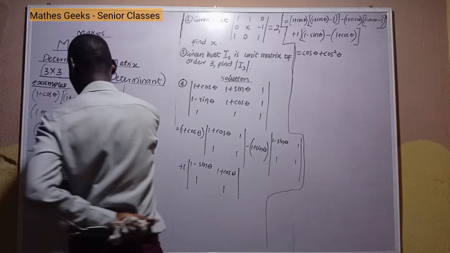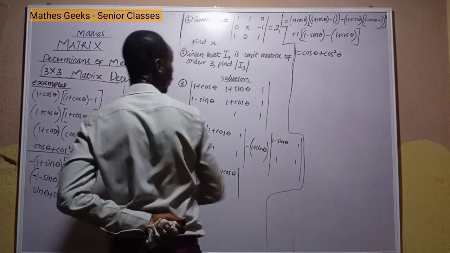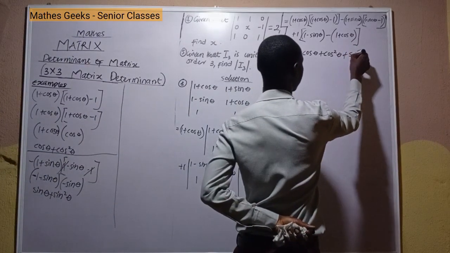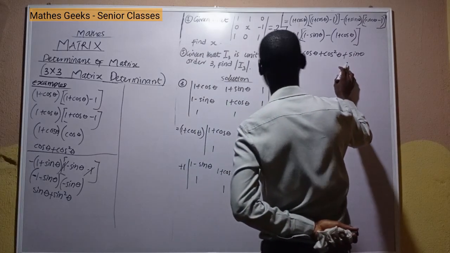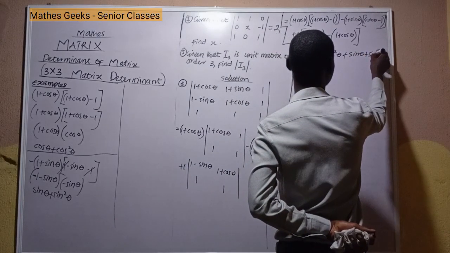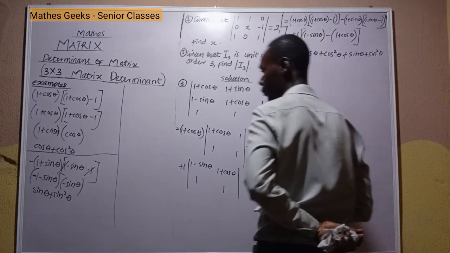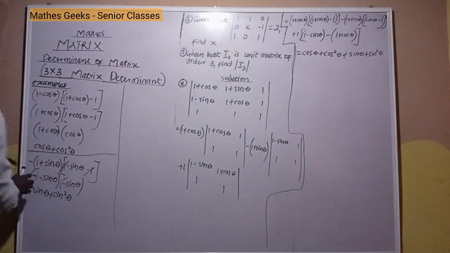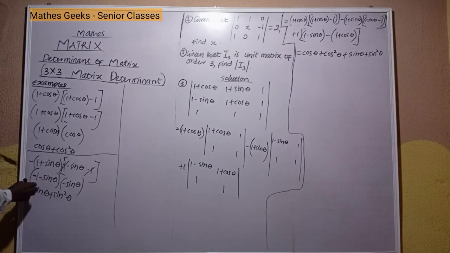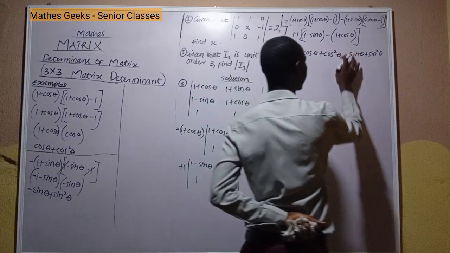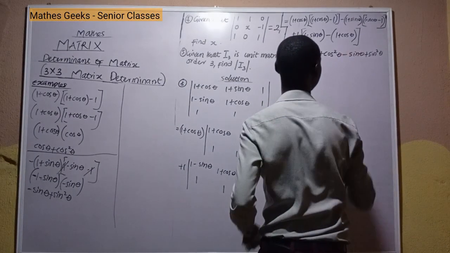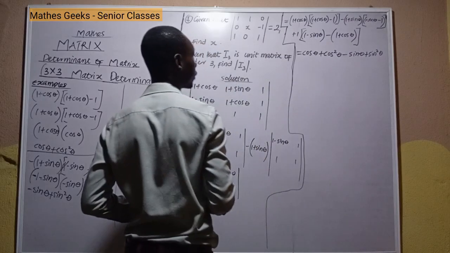So the yield here is sin theta plus sin squared theta. Minus 1 times minus sin theta, that's minus sin theta. Okay. Minus sin theta plus sin squared theta.